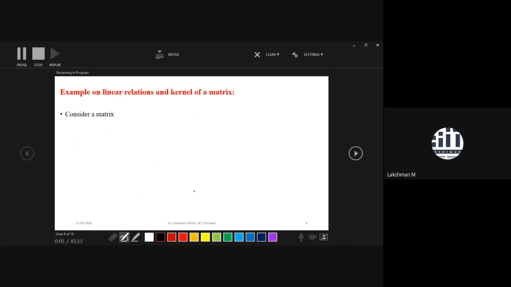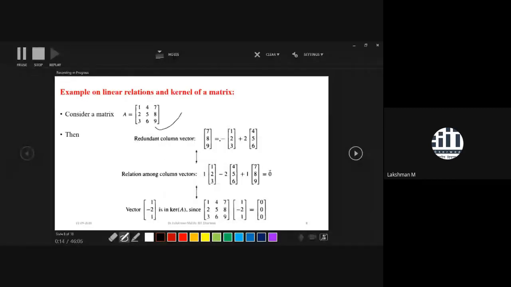So one example here I would like to take in order to find the kernel of a matrix from the linear relation. So here you are taking a matrix, and here is what you do in this matrix. It is a totally different approach. Find a redundant vector.